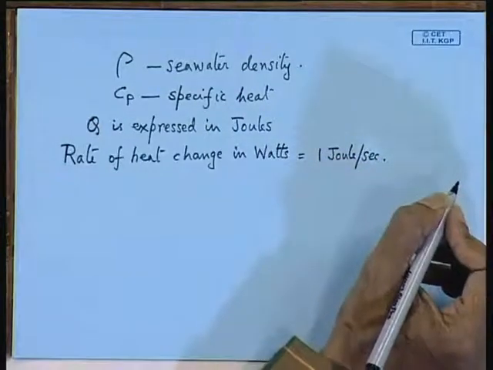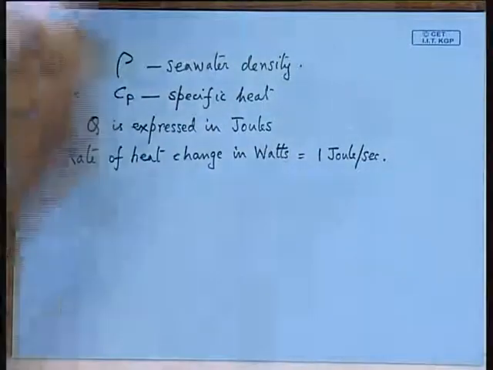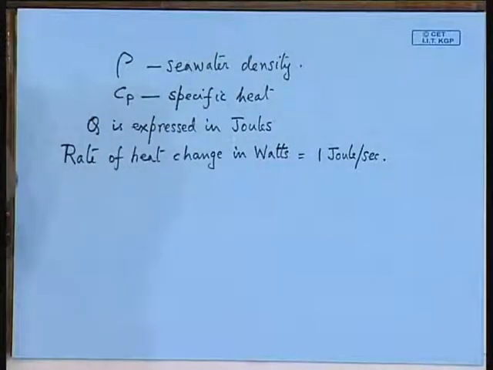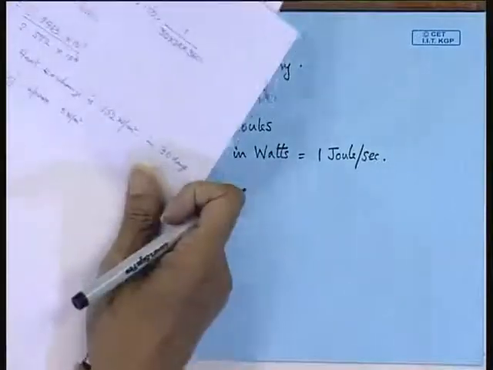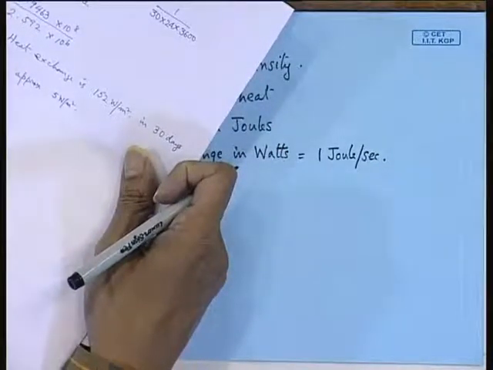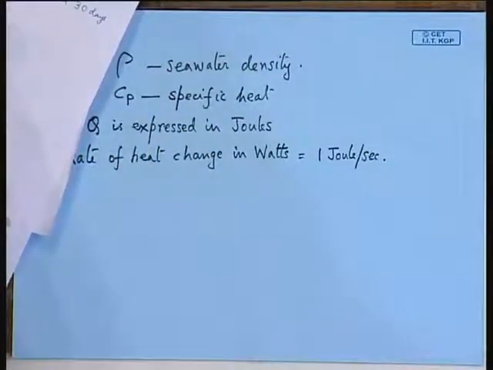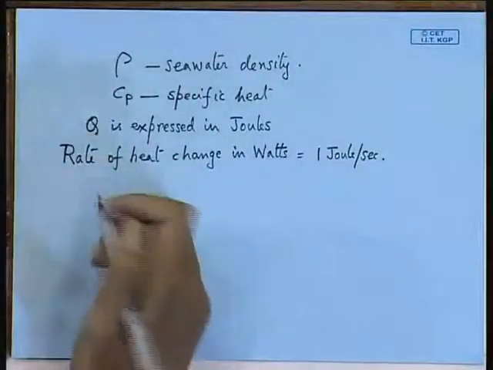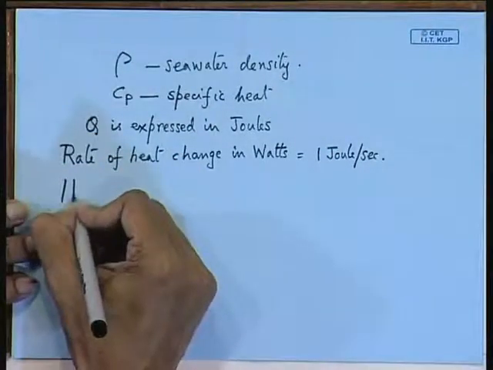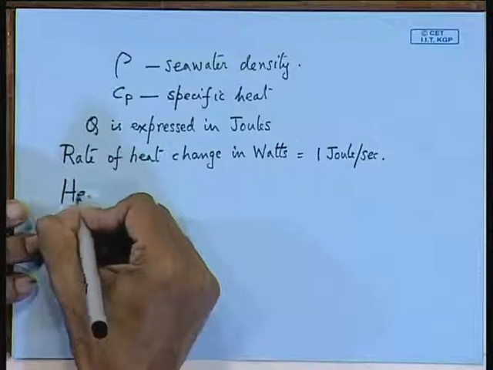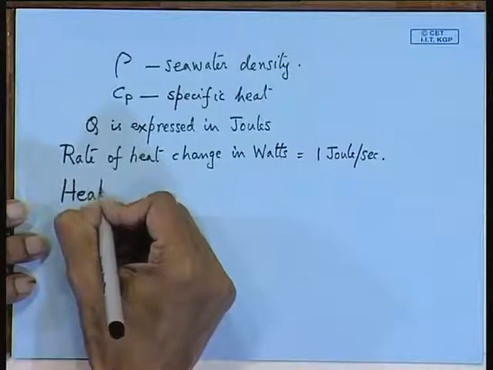Now here is a small problem by which you can find out the heat. Or sometimes in oceanography they call it heat flux. Heat flux is the favorite name given to the heat transmission from the ocean.